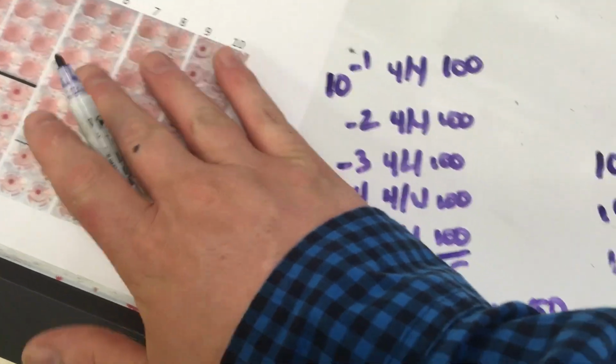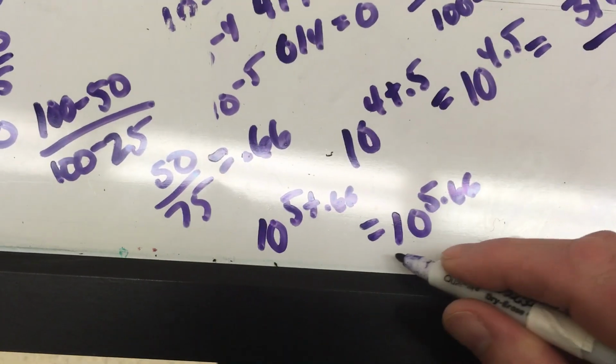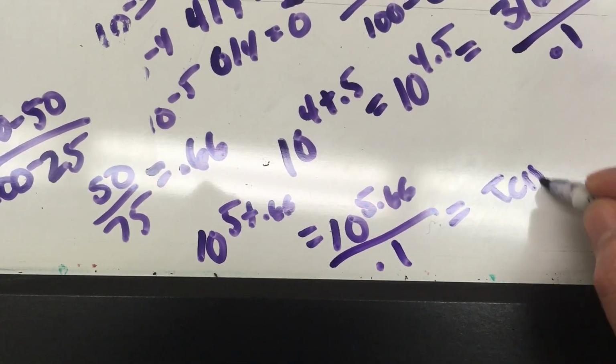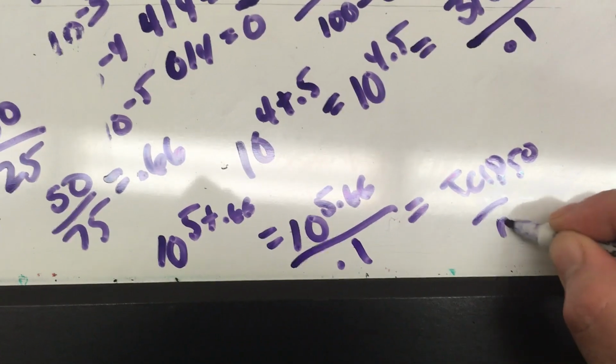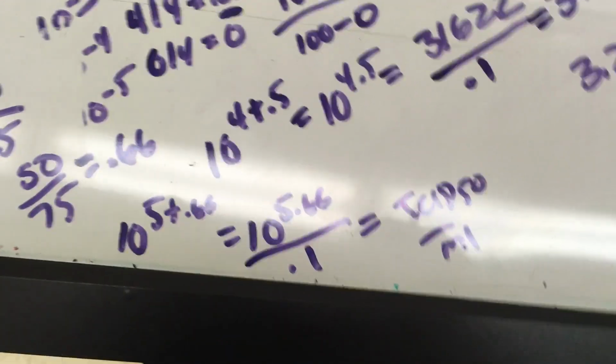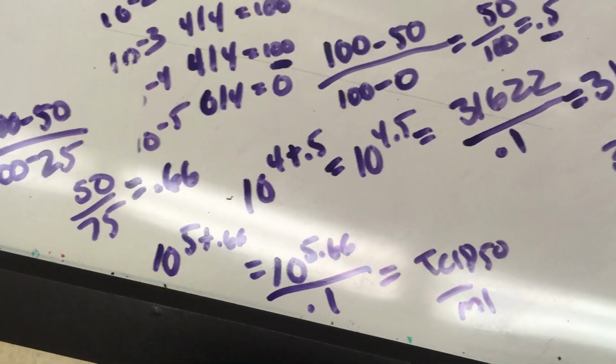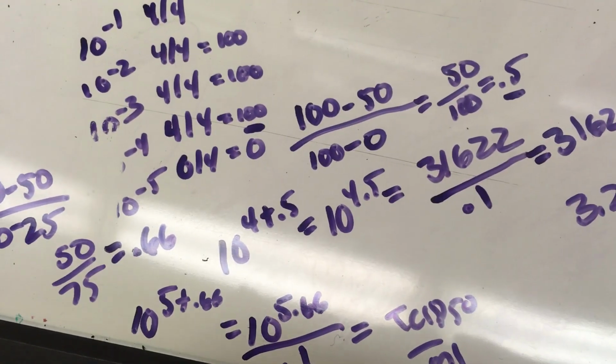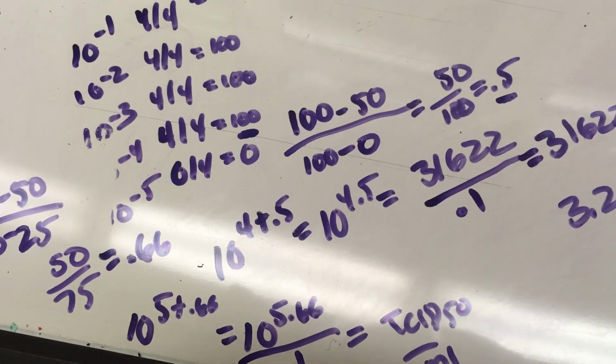Then, if you remember, this is 100 microliters per well, so you're also going to have to divide that by 0.1 to get your total TCID50 per mil. Okay, hopefully that is clear, and hopefully you can do your homework. If you have any issues, go ahead and let the TA or myself know. We can help you out.